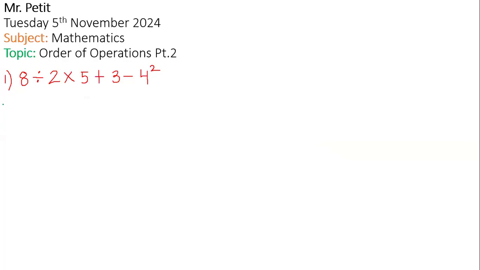So that's going to be equal to, what is 4 squared? 4 times 4, which is 16. So it's going to be 2 times 5.